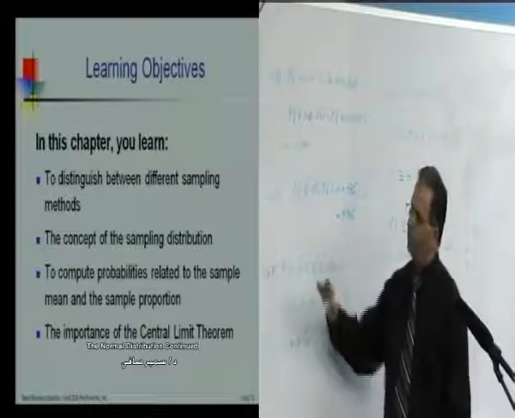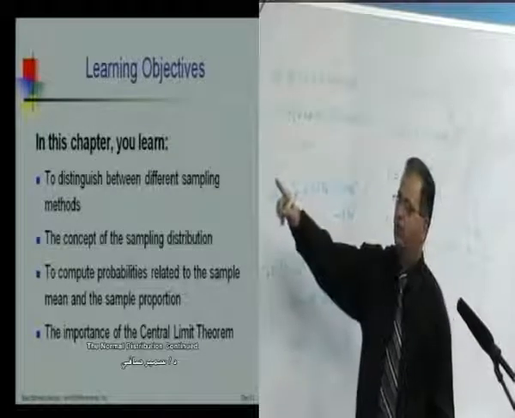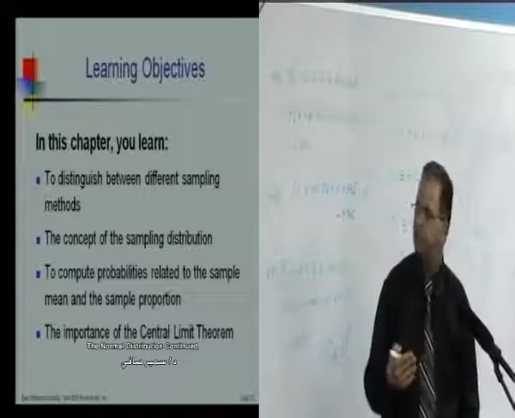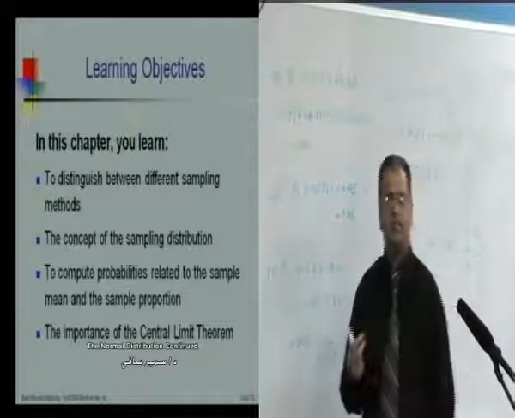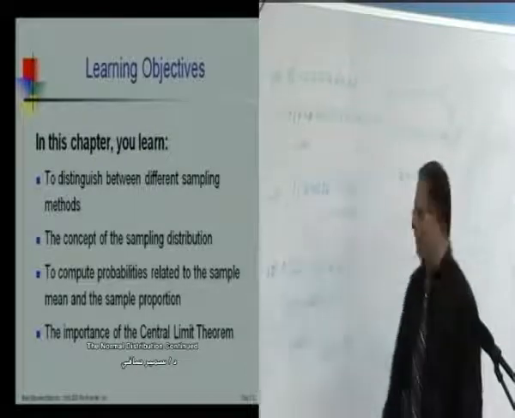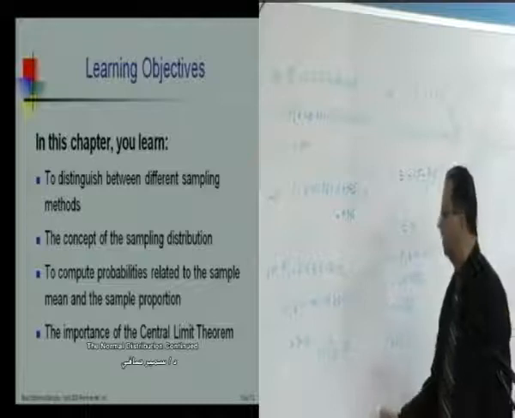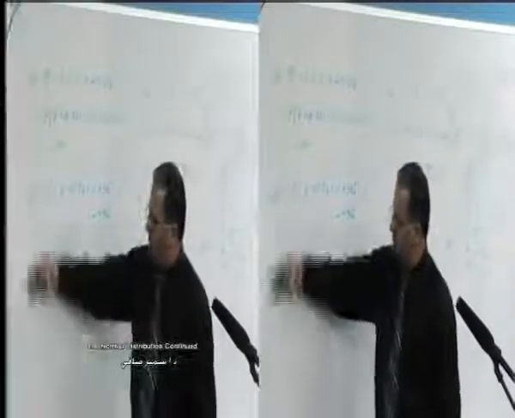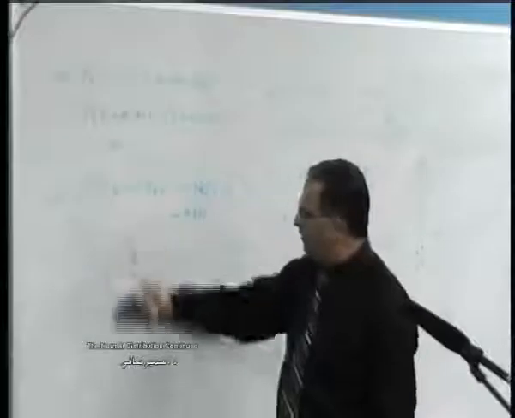So here we are talking about the sampling distribution of the sample mean. Also there is something new which is called sample proportion. Now let's see the difference between these two. If you remember, in the first class we said there are two types of data.